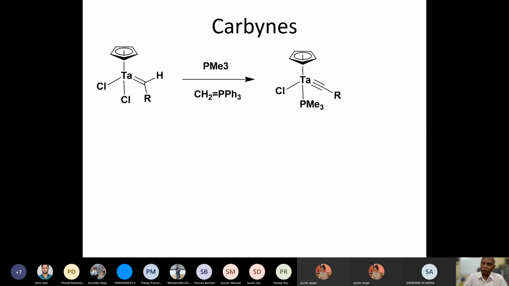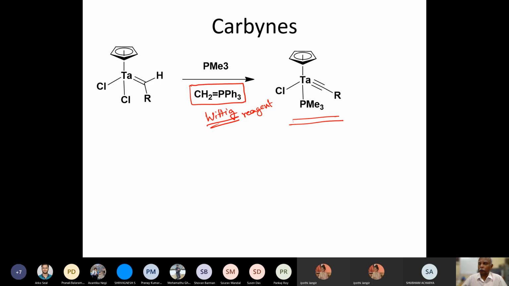Now, abstraction of a proton can be done from the carbenes to give you carbynes, and this is in fact done with a very mild base, and the mild base is a Wittig reagent. A Wittig reagent is used in this case to generate this species.